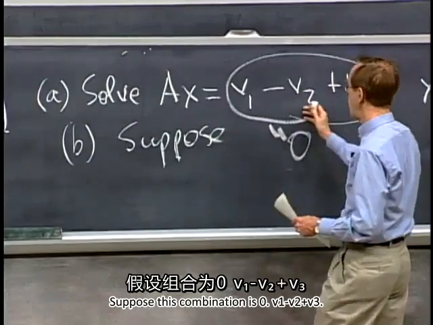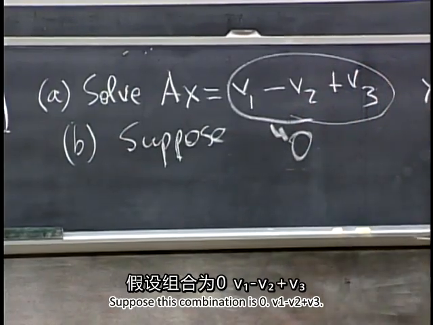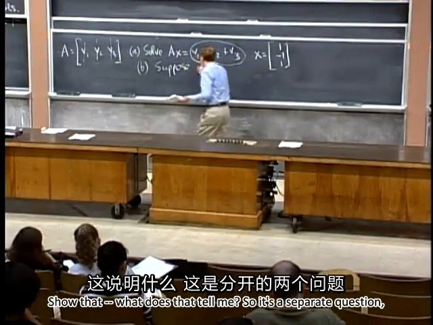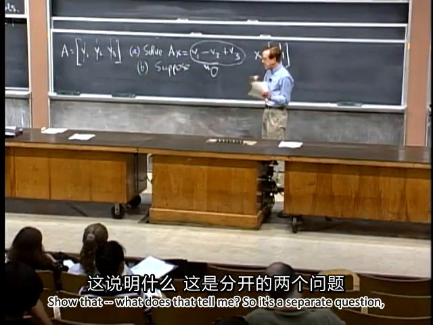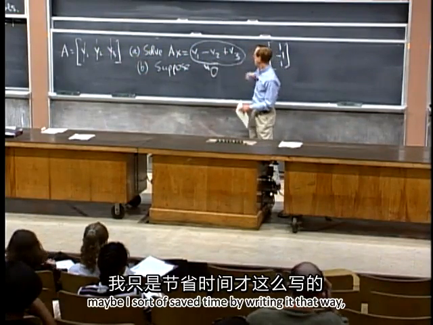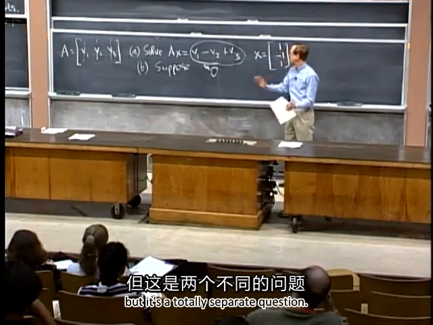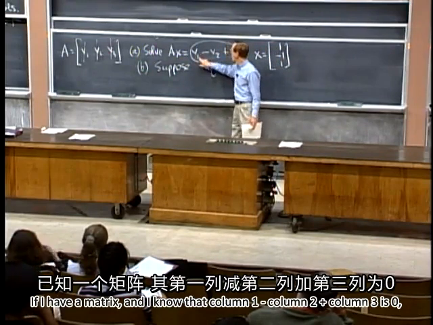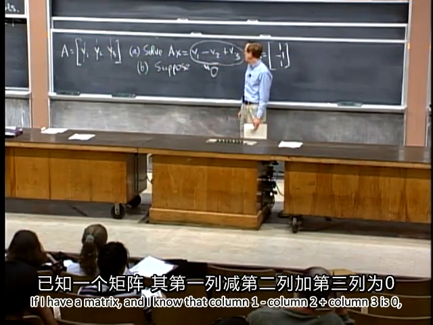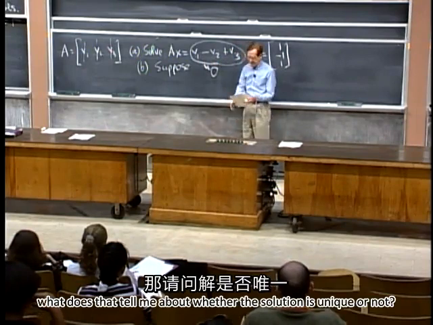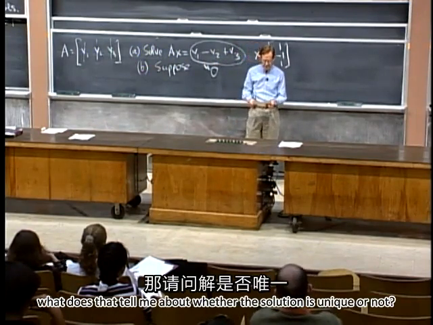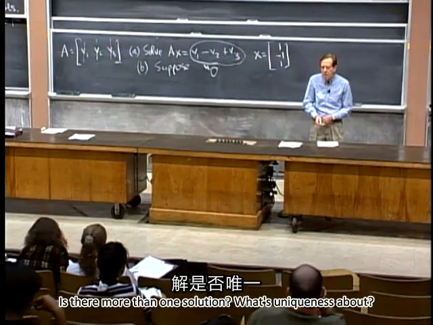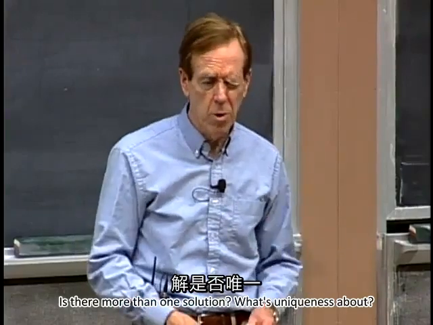Suppose this combination is 0: V1 minus V2 plus V3. What does that tell me? So it's a totally separate question. Maybe I sort of saved time by writing it that way. If I have a matrix, and I know that column 1 minus column 2 plus column 3 is 0, what does that tell me about whether the solution is unique or not? Is there more than one solution?